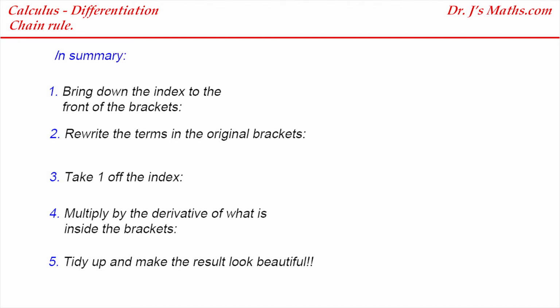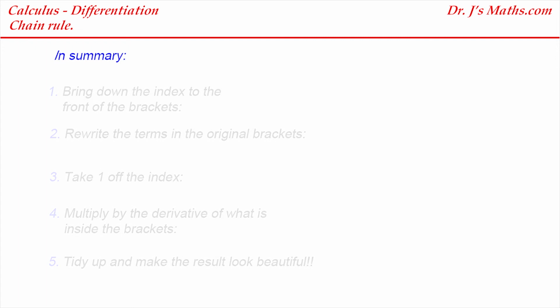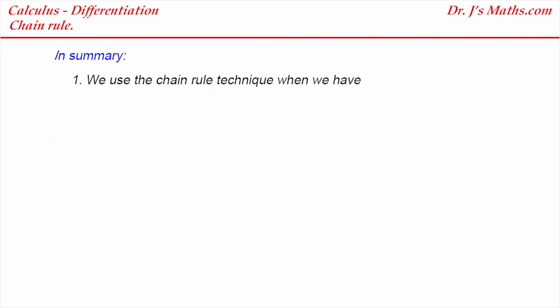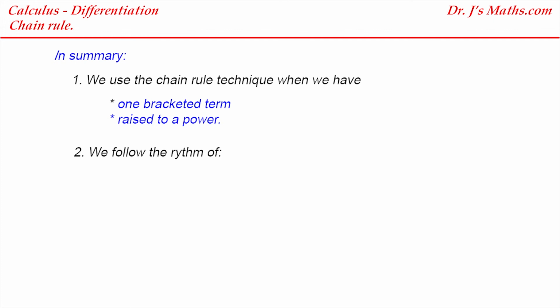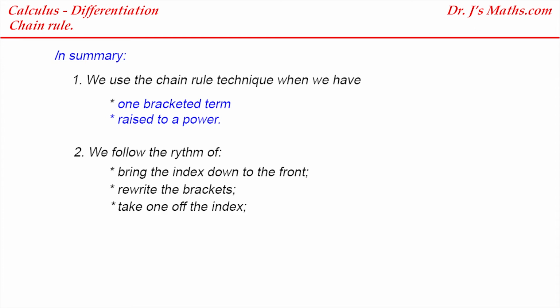So after 4 examples, we can do a summary, and therefore our steps can slowly fade away. We use the chain rule technique when we have one bracketed term and that term is raised to a power. We always follow the rhythm of bringing the index down to the front, rewriting the brackets, taking 1 off the index, multiplying by the derivative of what is inside the brackets, and then of course tidying up.